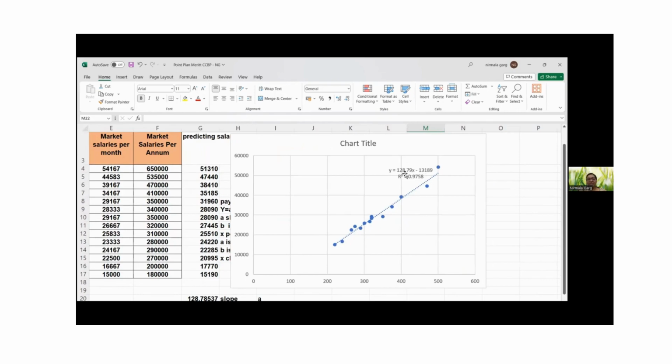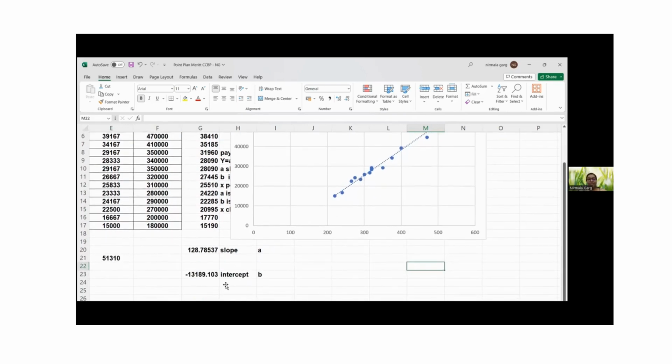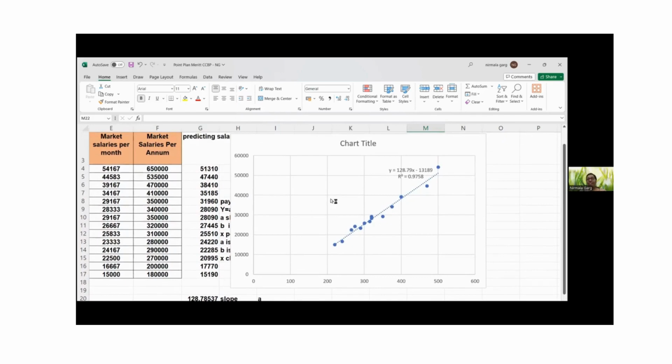So this is your slope. Does it tally with this? Yeah. Now, does this tally with intercept? Intercept, yes. Right? So this is another way of doing slope and intercept. Can you see something called R square?